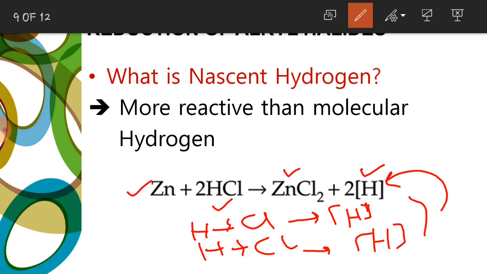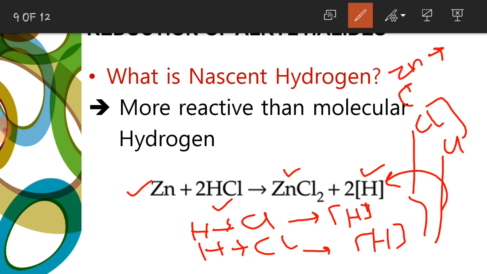In addition, there is also the generation of two chlorine atoms. Now these two chlorine atoms react with zinc to form ZnCl2, that is the zinc chloride. So this is the process through which we can prepare the nascent hydrogen.